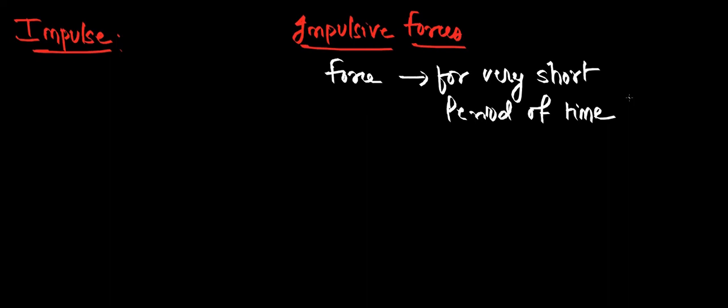Is it clear? Yes, ma'am. Now, do you think all the time the same magnitude of force is exerted? No, ma'am. Maybe sometimes 10 newtons, sometimes 5 newtons, sometimes 2 newtons.